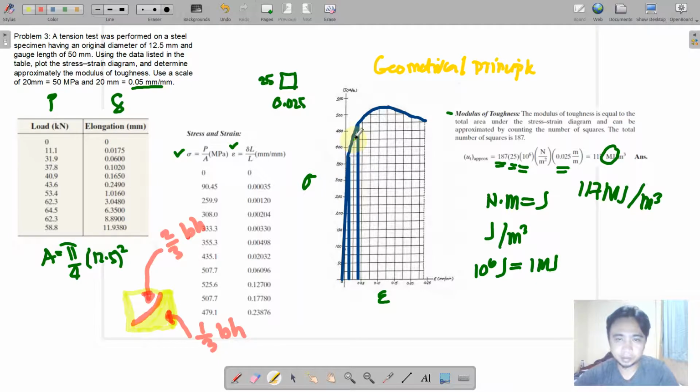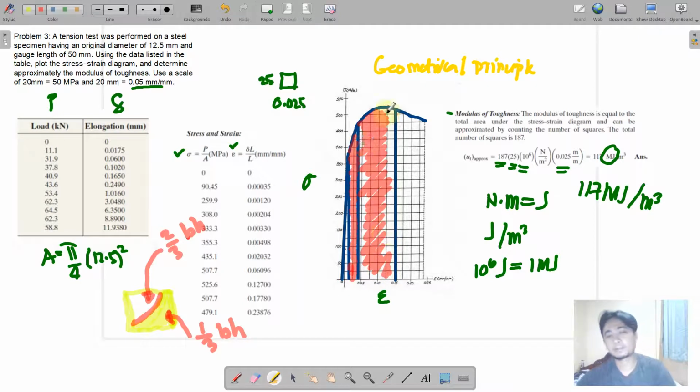So in this case, this is the smaller portion. So you could have 1/3 base times height. And then again, you can already project another one here, another spandrel. Again, you can shade that one. So another spandrel here.